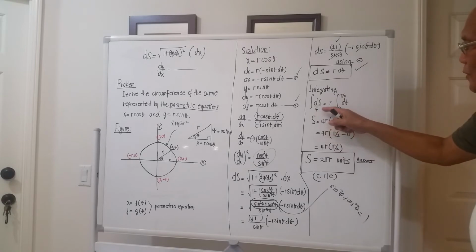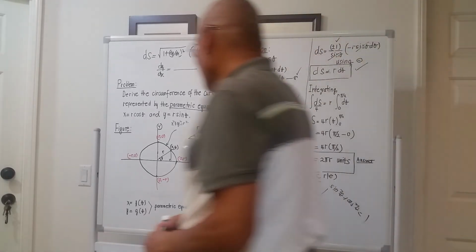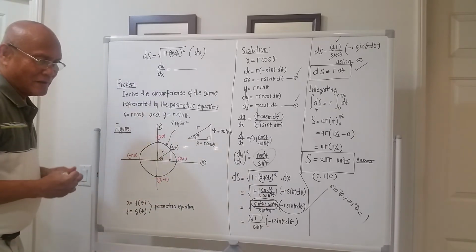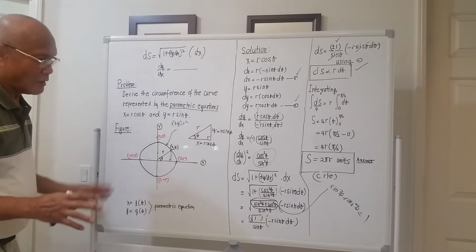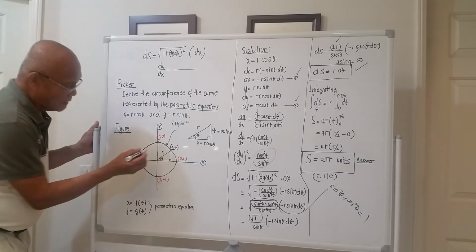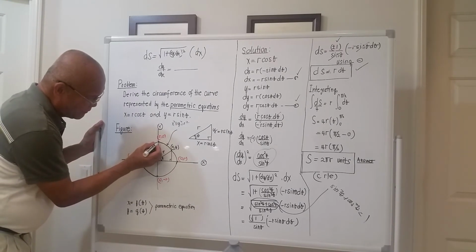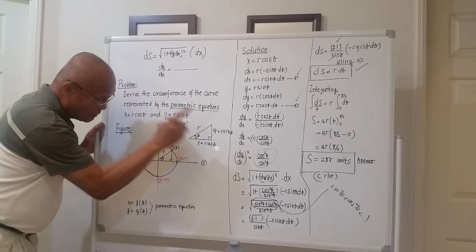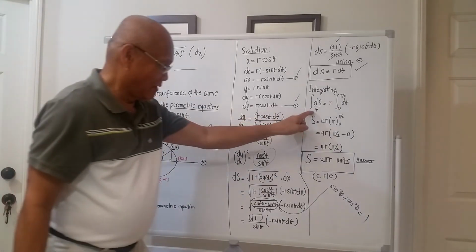Why is there an over 4 over here? We now know that the resulting graph from the given parametric equation is a circle, and to take the circumference of a circle, just take the length from this point here to this, okay, then times 4. So this is over 4.